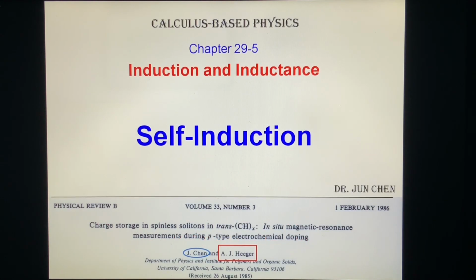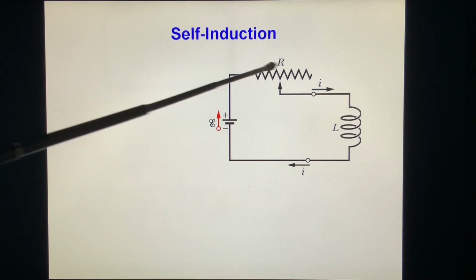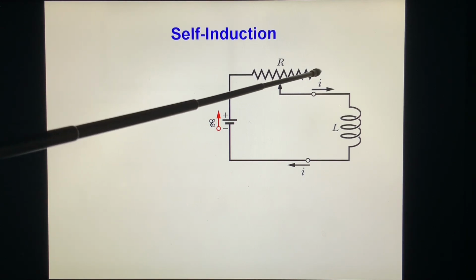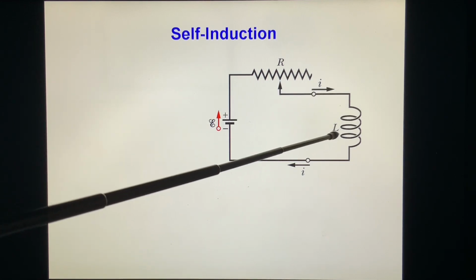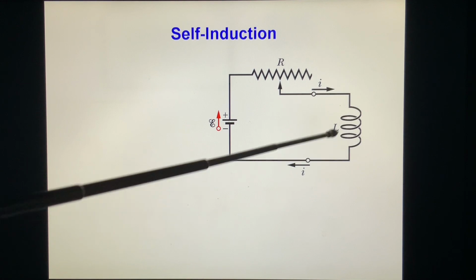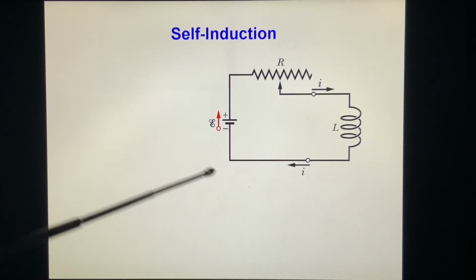Self-induction. We look at the circuit. The resistance can be changed. Change the resistor so it can change the current. This is a solenoid, a coil. So a current is established in this circuit.